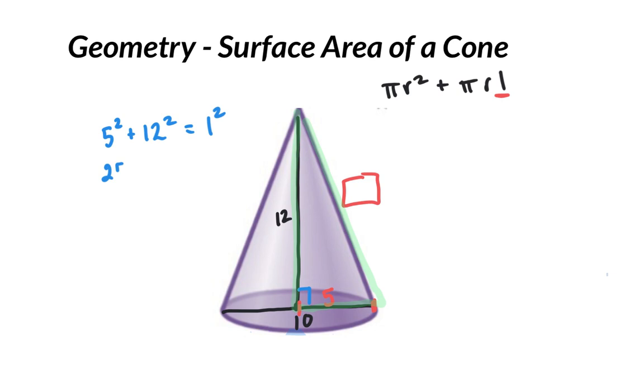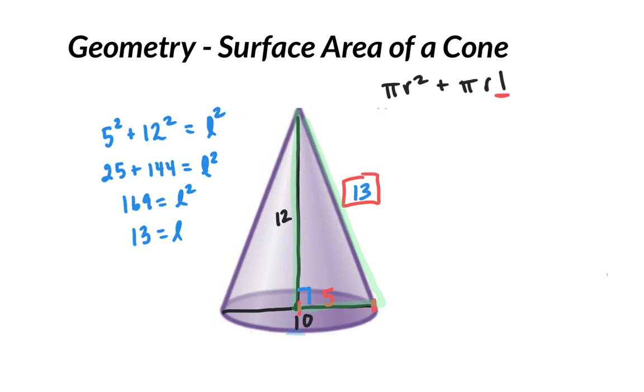So 25 plus 144 equals that slant height squared. I suppose maybe I should make it not look quite so much like a 1. I'll make it like a cursive L. Okay? So 169 equals that slant height squared. Square root of 169 is 13. So this is 13 right here.